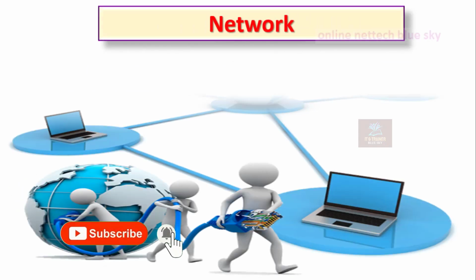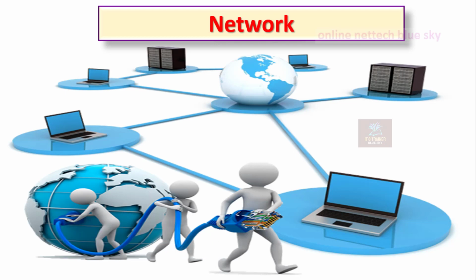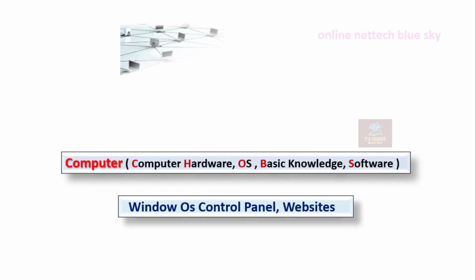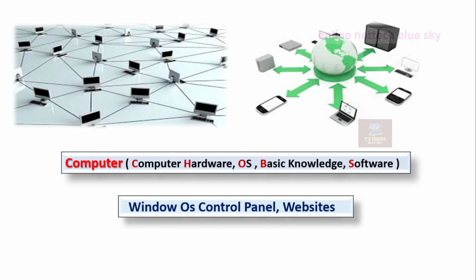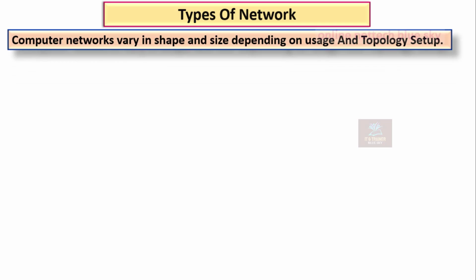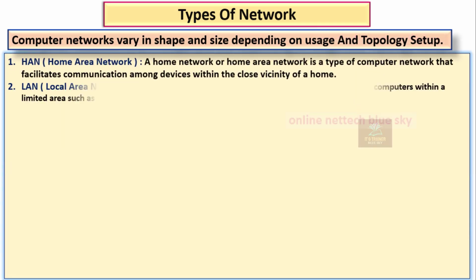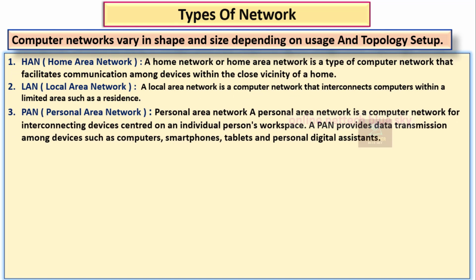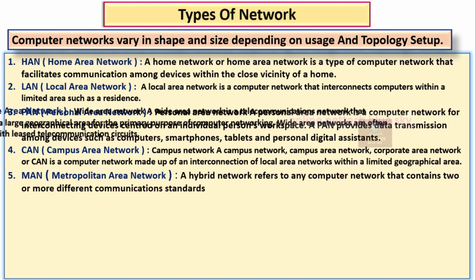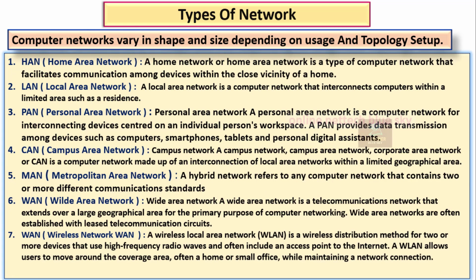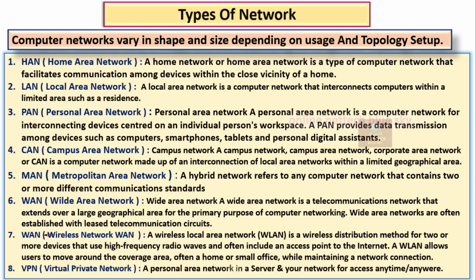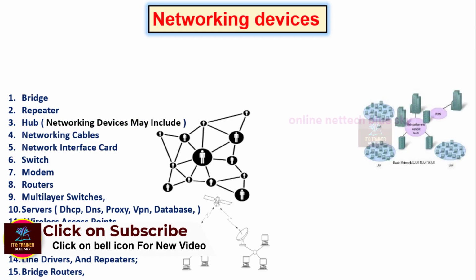In these videos, the network course is related, so watch my previous video; it is very important for you to understand networks. Watch the previous video on how many types of networks there are: PAN, campus, main network, wireless network, and VPN, and after that understand network devices.